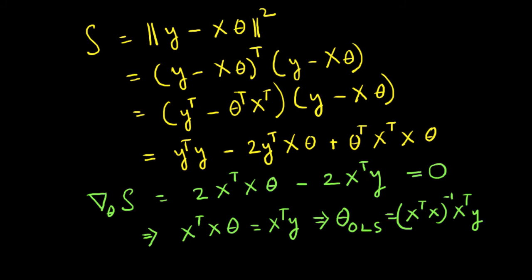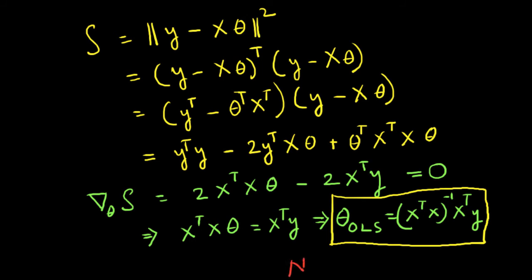And this is the analytical expression for the parameter values given a set of input and output values. And this is what is called the normal equation. And as I said, this OLS stands for ordinary least squares.